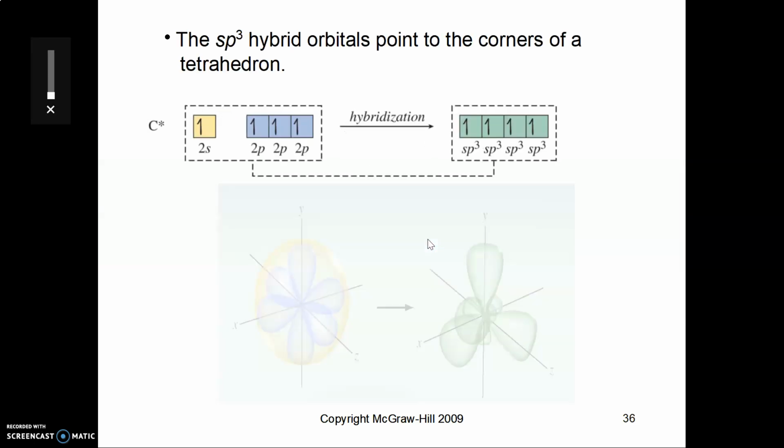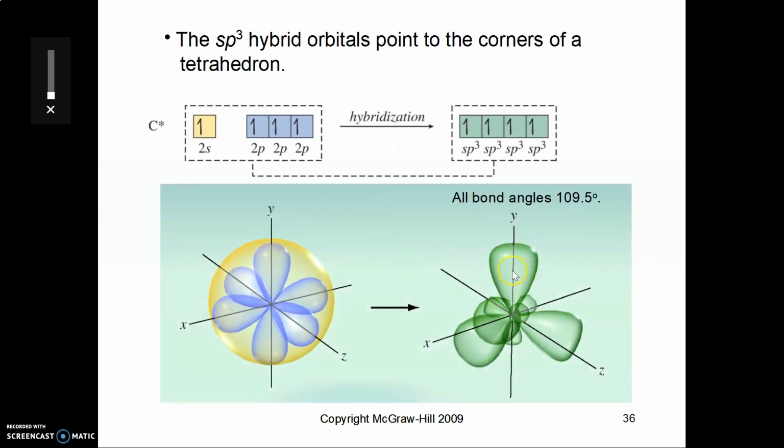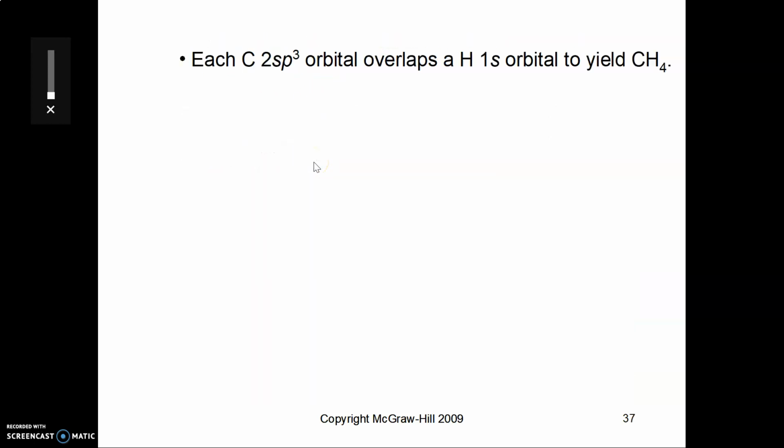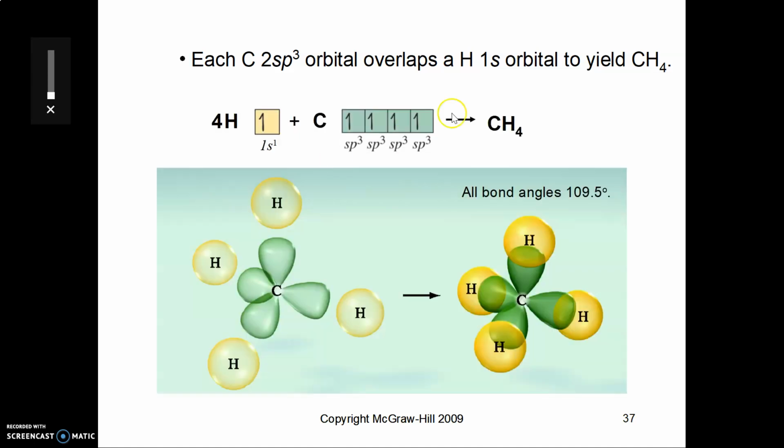So we get this tetrahedral structure, which is a little hard to see because it's pointing in the back. But this is what you get. You hybridize the carbon, so now you have 4 sp3 orbitals, and hydrogen only has one s orbital.